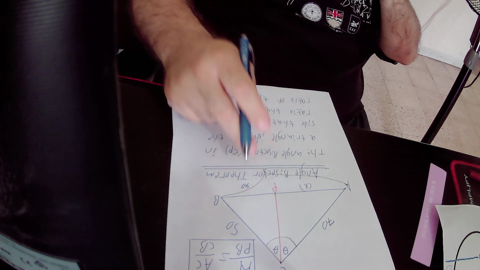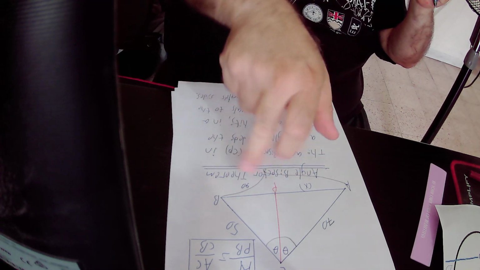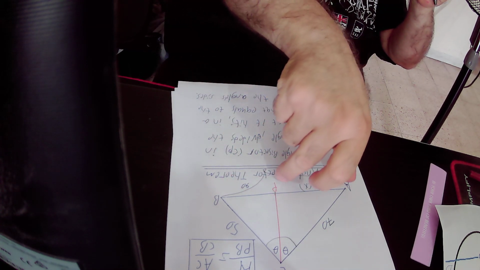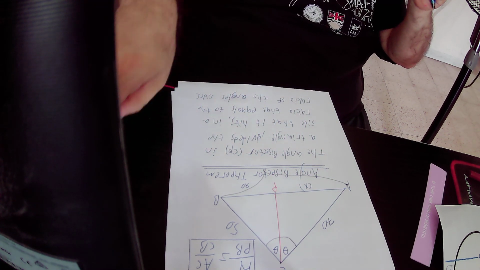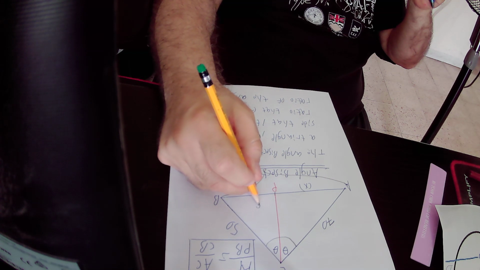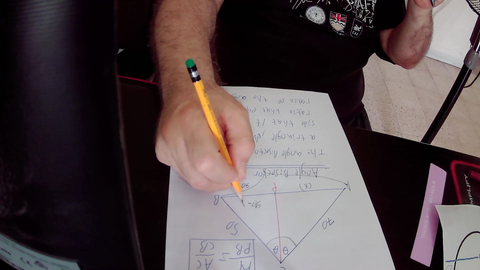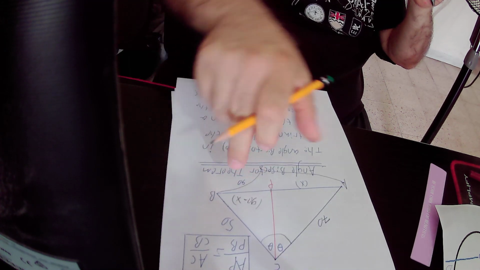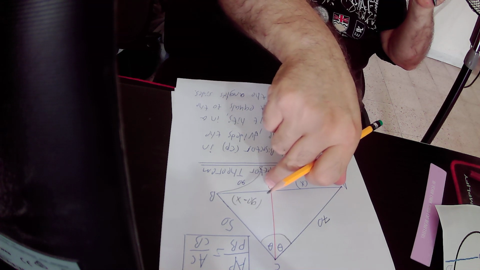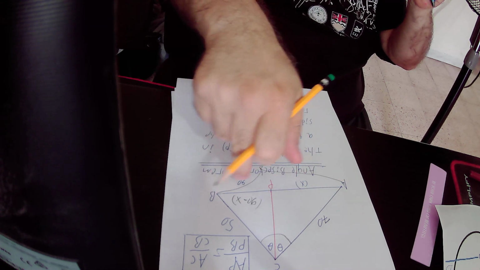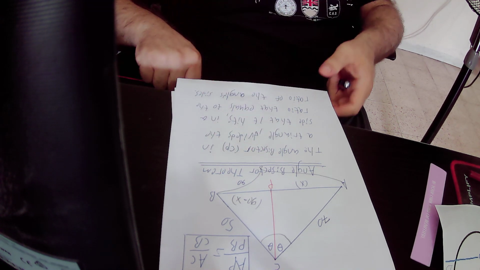So actually PB equals AB minus AP, so it will be equal to 90 minus x, because AB is 90 and AP is x. So 90 minus x equals PB.